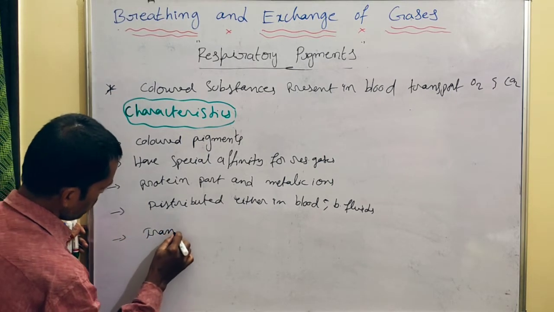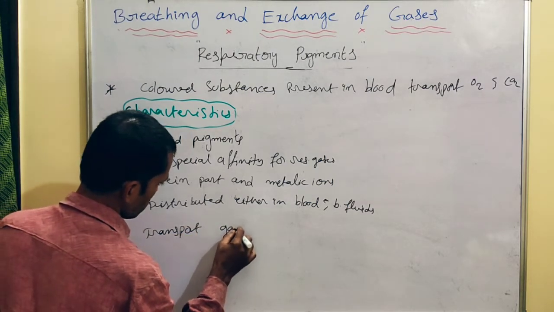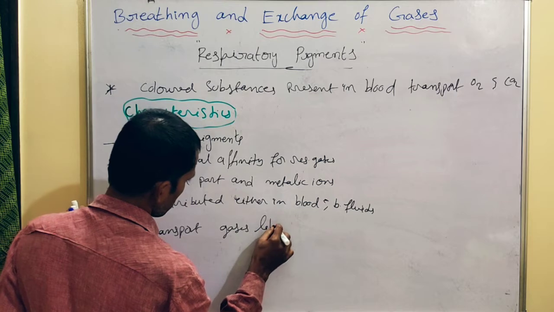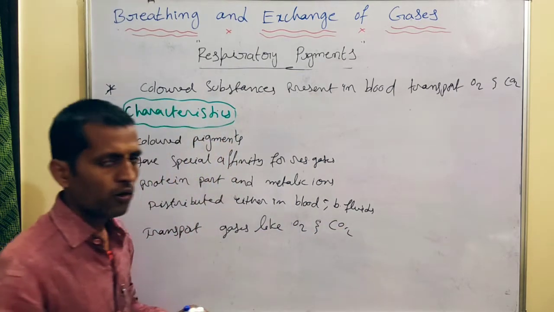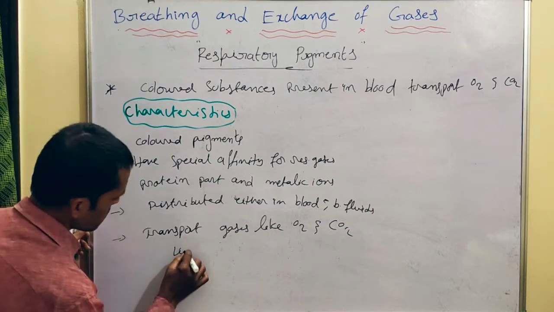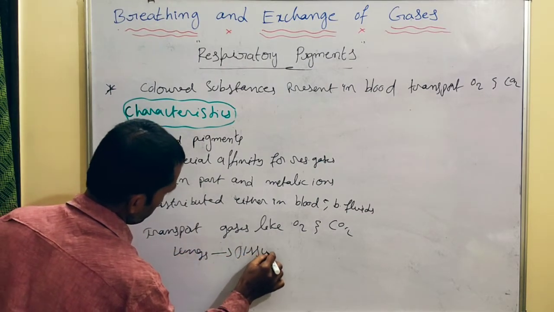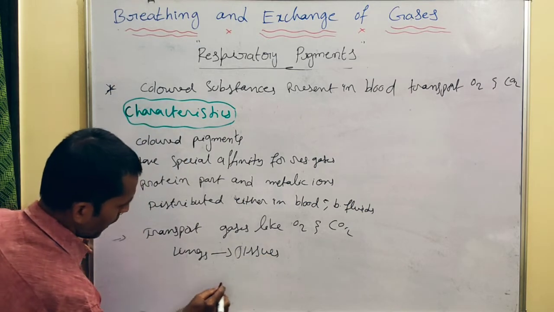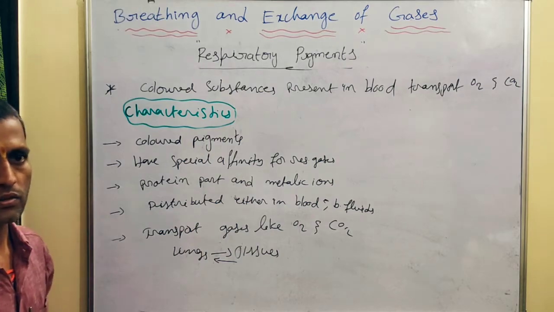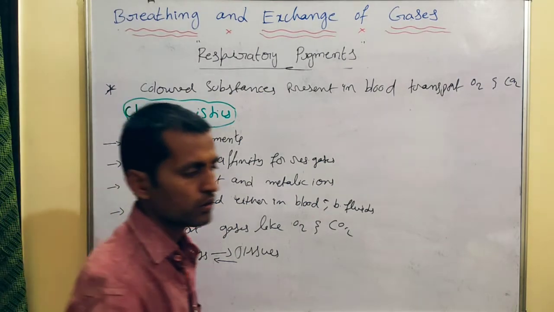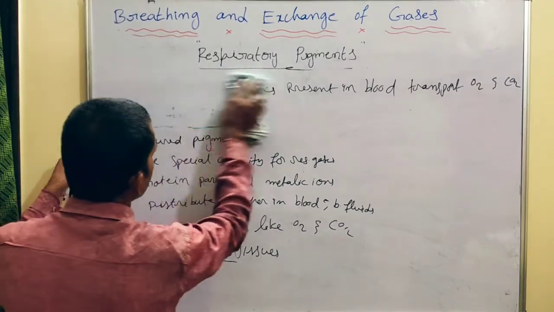They transport gases like oxygen and carbon dioxide from lungs to various tissues and from tissues to lungs also. These are a few important characteristics of respiratory pigments.